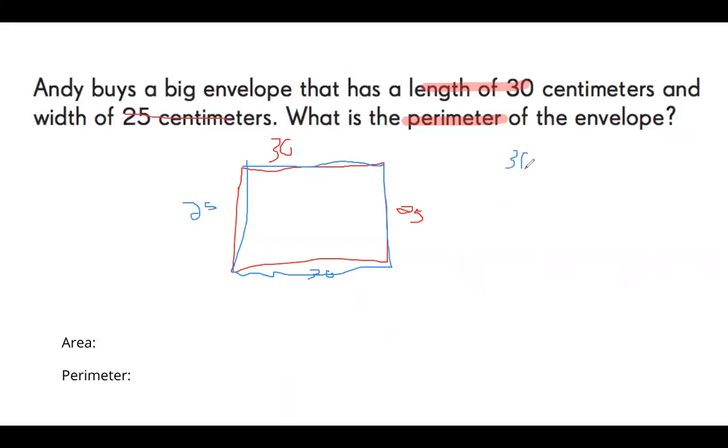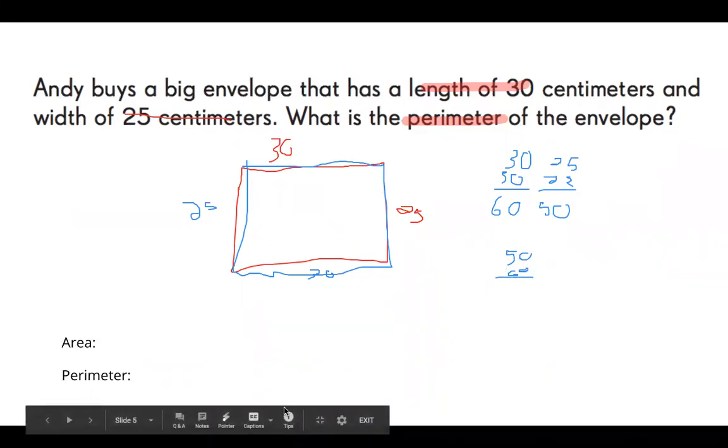So again, I'm going to do 30 plus 30, which gets me to 60. I'm going to do 25, my widths, plus 25, which is 50. Sorry for my handwriting. And then I'm going to do 50 plus 60 to get the total, which gets me to 110.